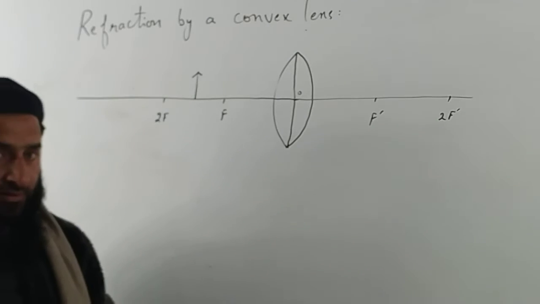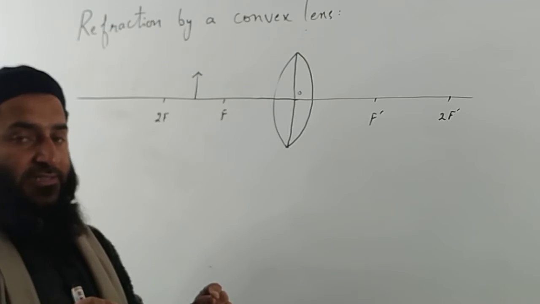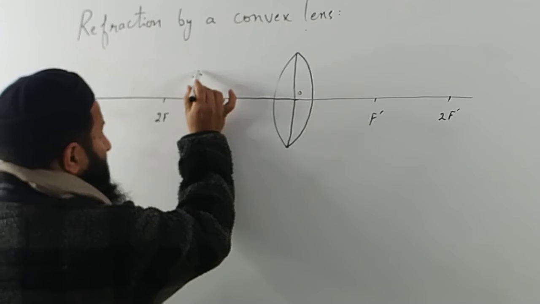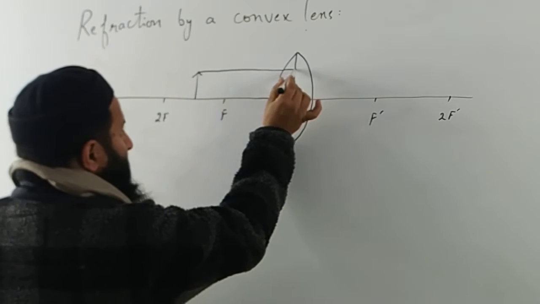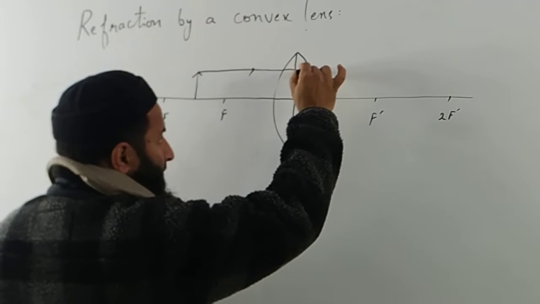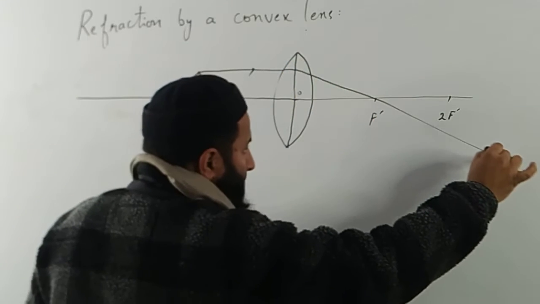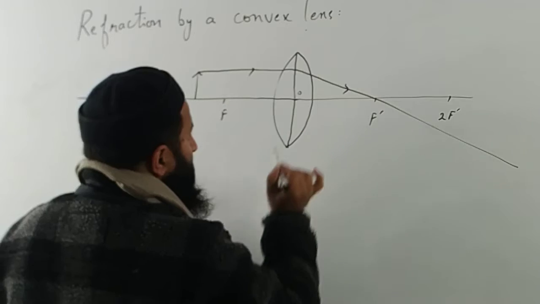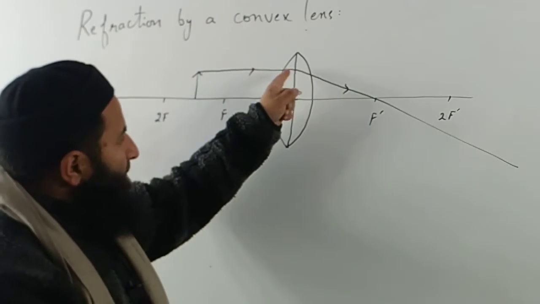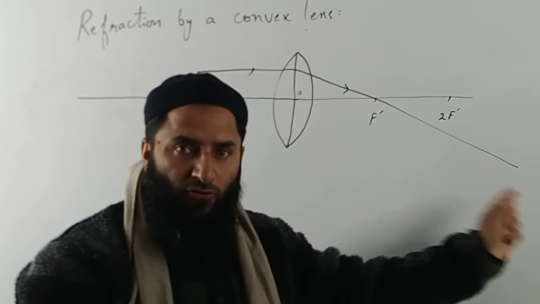Let me see the point of intersection of the refracted rays. The incident ray is coming parallel to the principal axis, so it has to pass through focus. Look here. So this is the first principle followed by me. The light ray is parallel to the principal axis, it passes through focus.